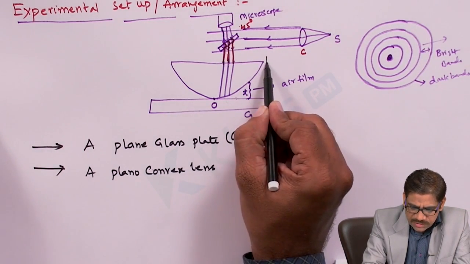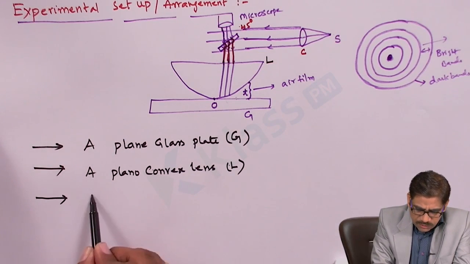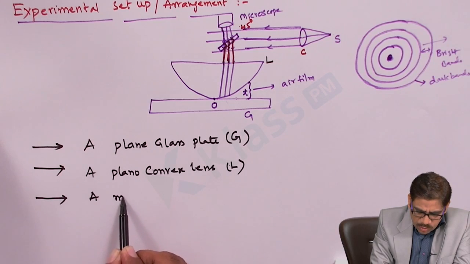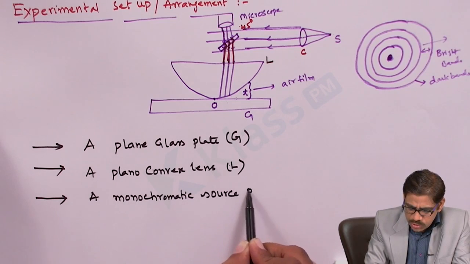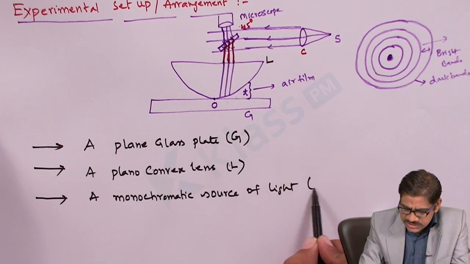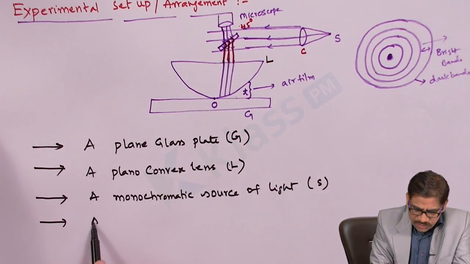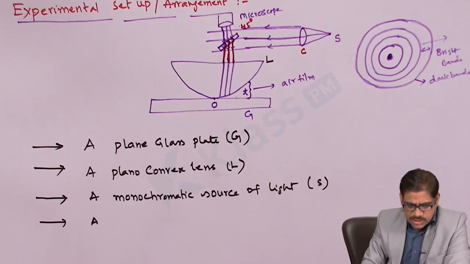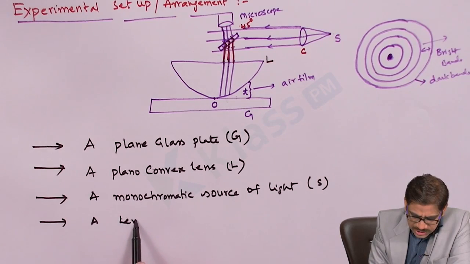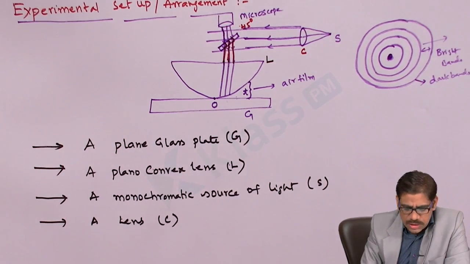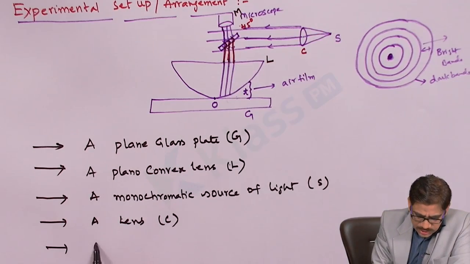Let us call this lens L. This is your plano convex lens L. We have a monochromatic source of light, which is given as S. So, this is your S surface. We have what we call the collimating lens. So, a lens is provided here given by C, and this is the microscope. M is supposed to be your microscope.